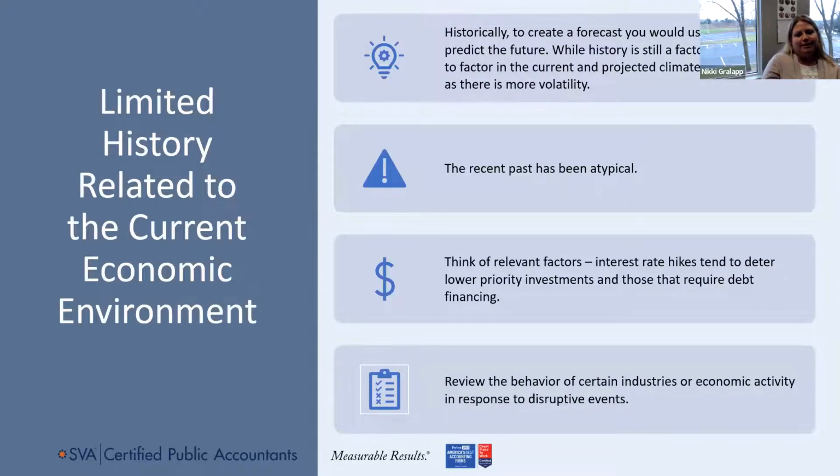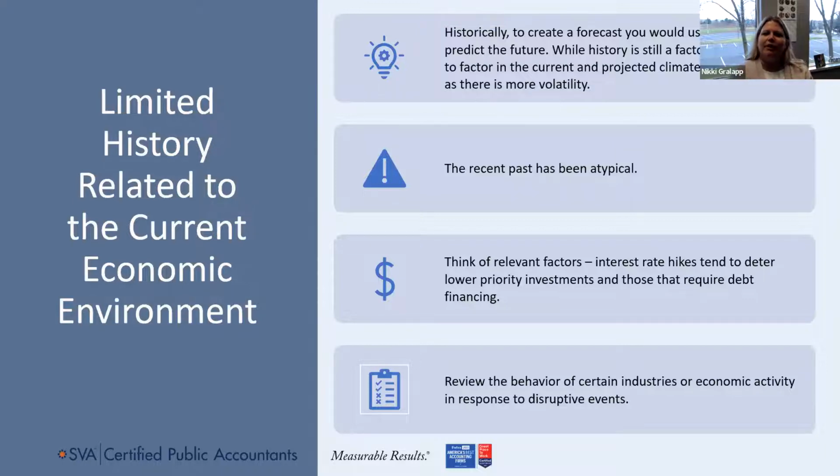All right, so we talked a lot about looking at history to predict the future, and while we'll still do that, we do have limited history related to the current economic climate where we're at. So what does that mean when you're looking at budgeting and forecasting? You still need to use historical data to try to predict the future, because that's really the only thing we have. And it's still a factor.